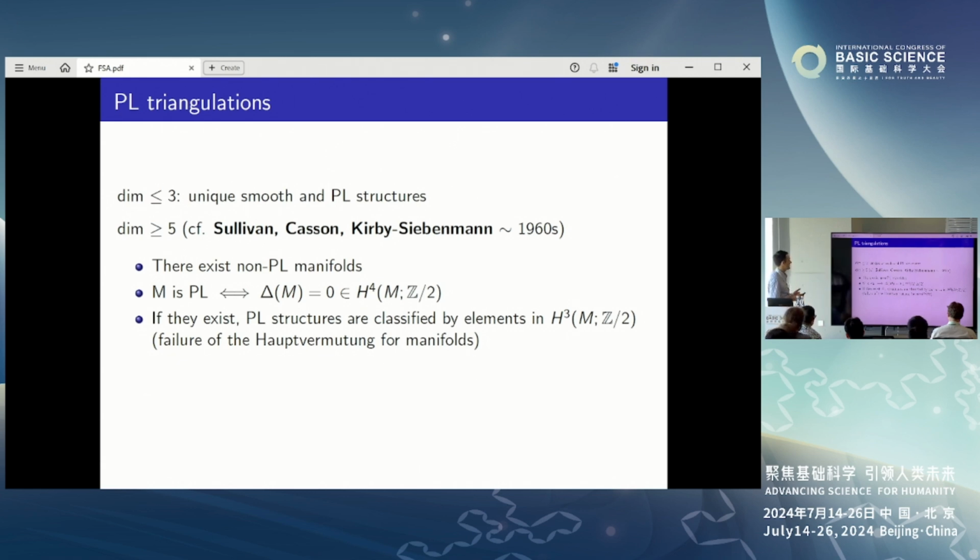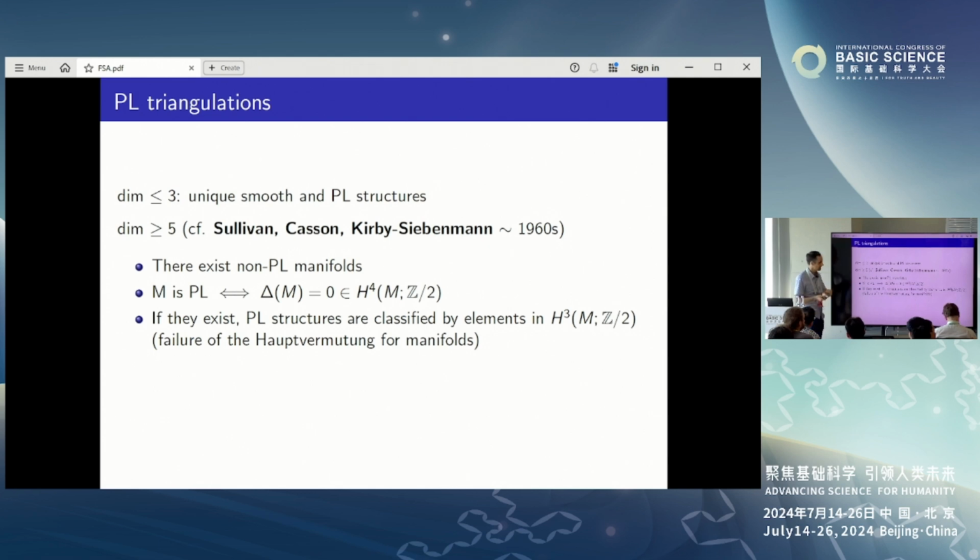So they showed exactly which manifolds are PL, and they also classified how many PL structures there are. They're classified by elements in some cohomology group as well. And since this cohomology group can be non-zero, there exist PL structures that are not equivalent. You can think of it as triangulations that are not equivalent even after subdivision.